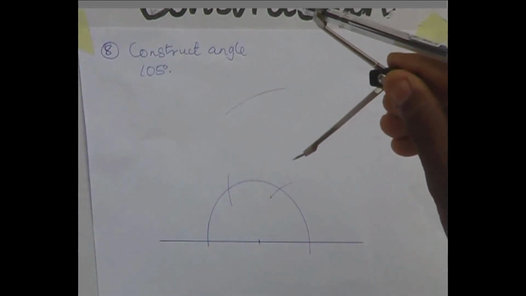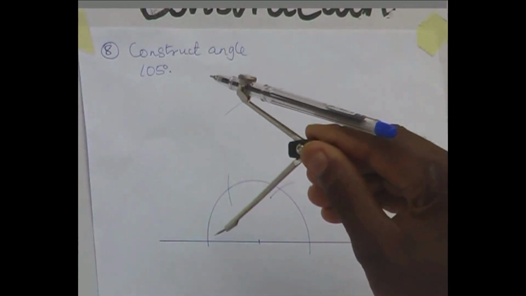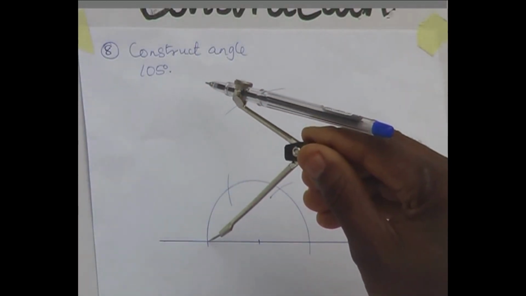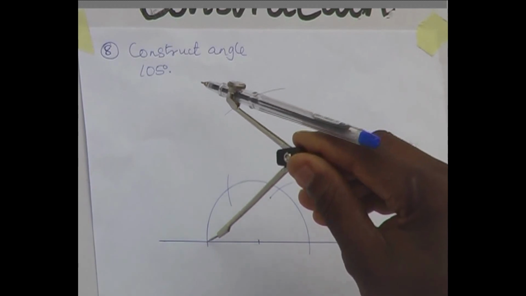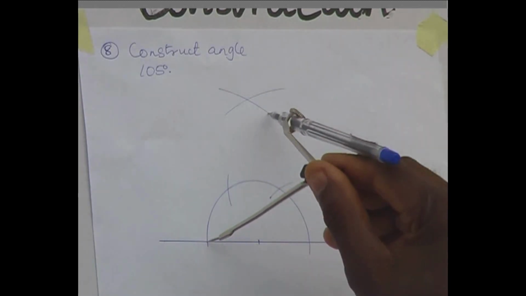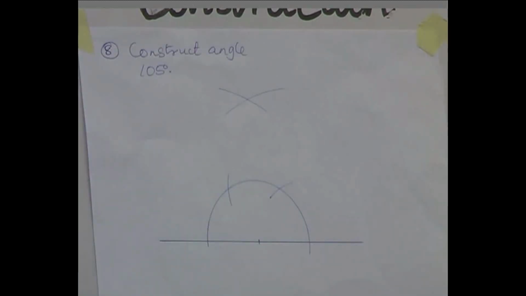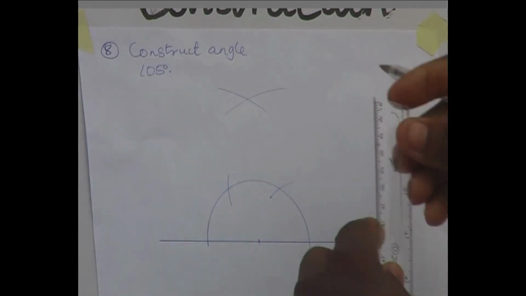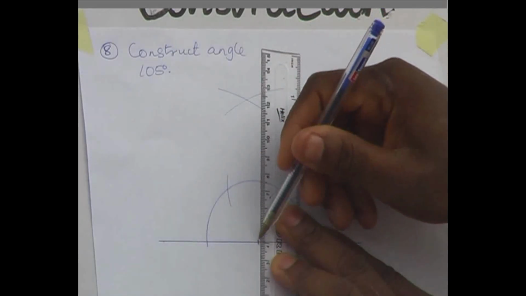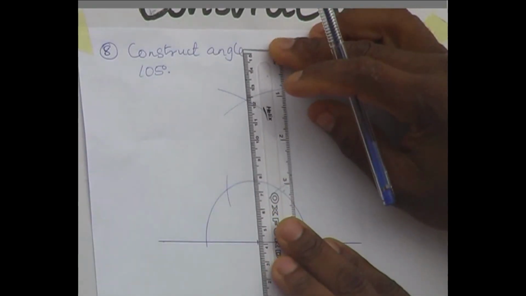Remove it. Don't adjust the radius. Put the point here again and make another arc to cut the one you made up. Now use your pencil and your ruler. Join this point with the point of intersection you made up there.